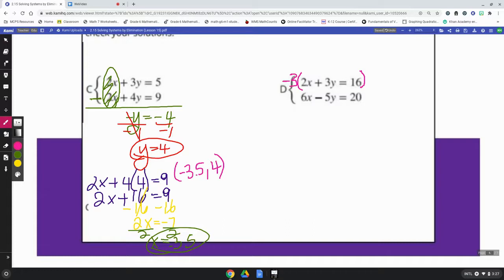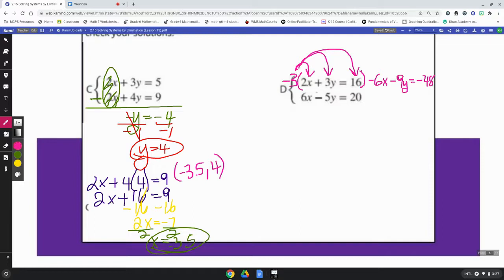In order for me to have an equivalent equation, I'm going to have to multiply everything in this equation by negative 3. So negative 3 times 2x is negative 6x. Negative 3 times negative 3y is minus 9y. And negative 3 times 16 is negative 48.